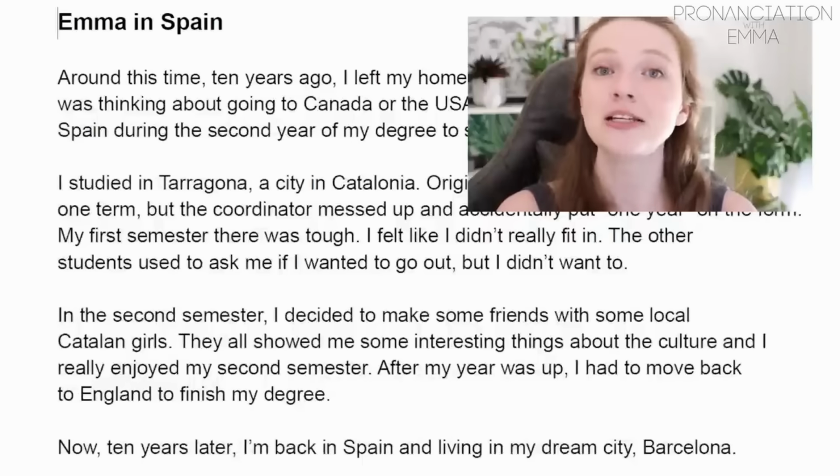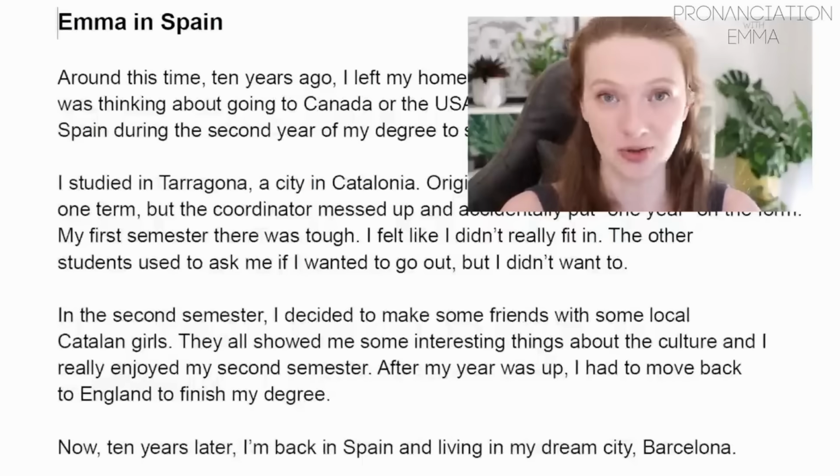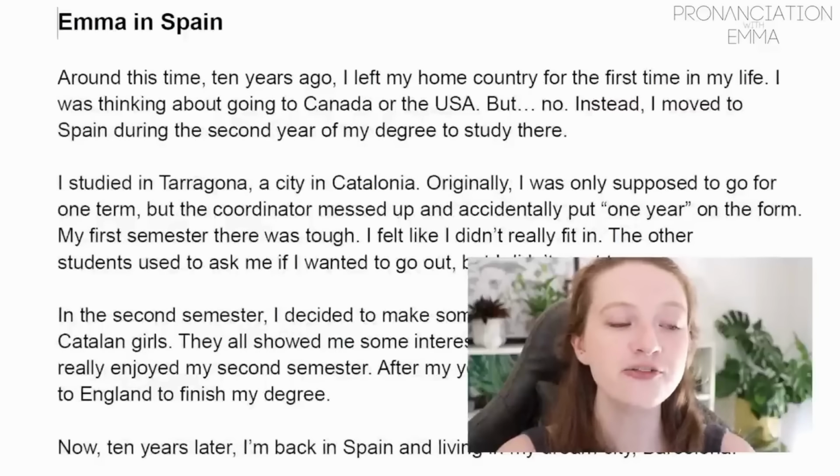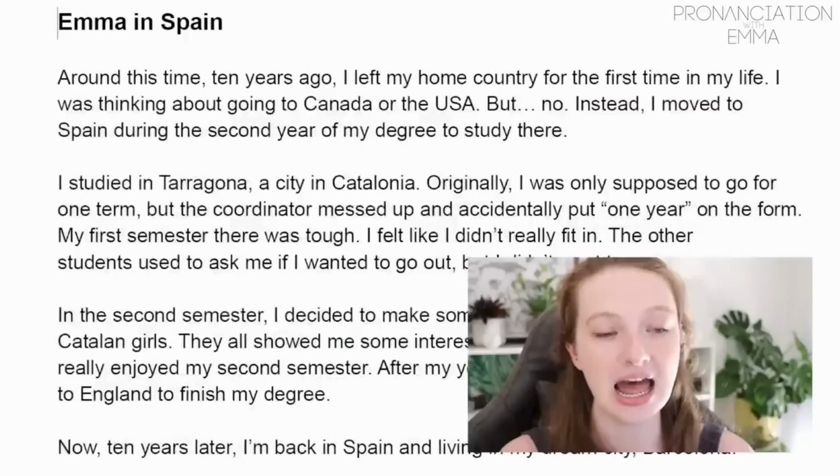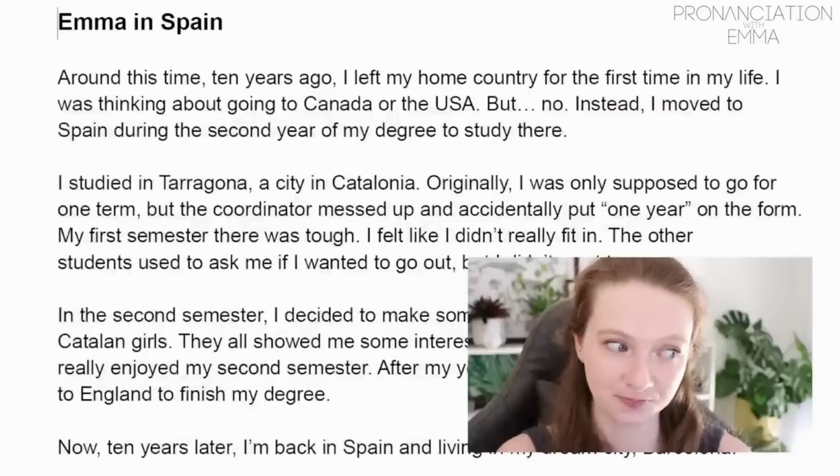Now we're going to read through it slowly. Emma in Spain. Around this time, 10 years ago, I left my home country for the first time in my life. I was thinking about going to Canada or the USA, but no. Instead, I moved to Spain during the second year of my degree to study there.